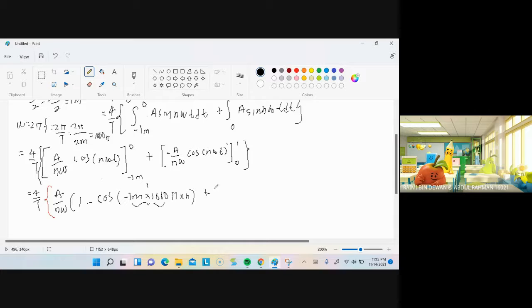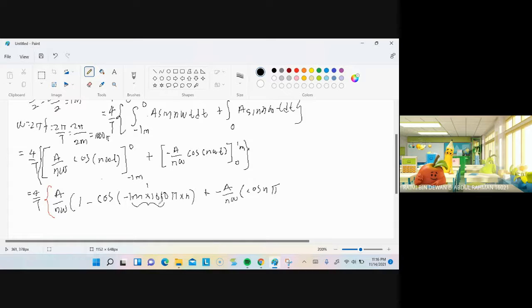And then plus minus A and omega for this portion. Now we have cos 1 milli. Again, it's almost similar, so you can just use cos n pi.